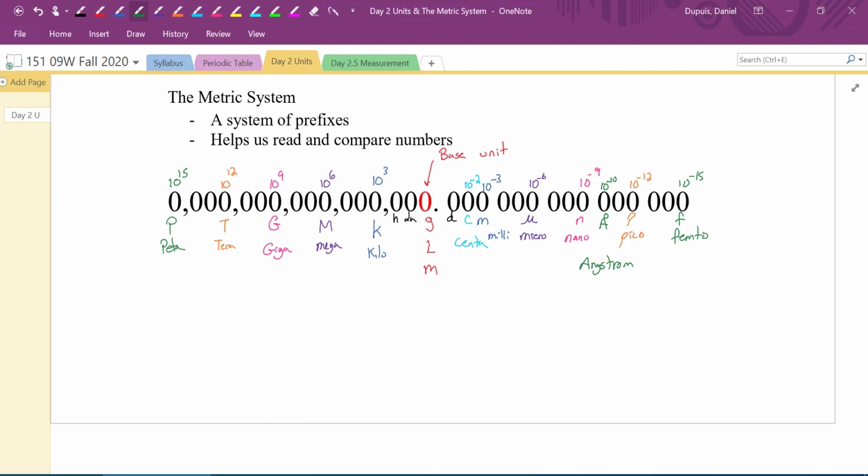All right, and so if somebody happens to be 179 centimeters tall, that's the same thing as saying 179 times 10 to the minus 2 meters, which is the same thing as 1.79 meters, because we do the scientific notation, right?